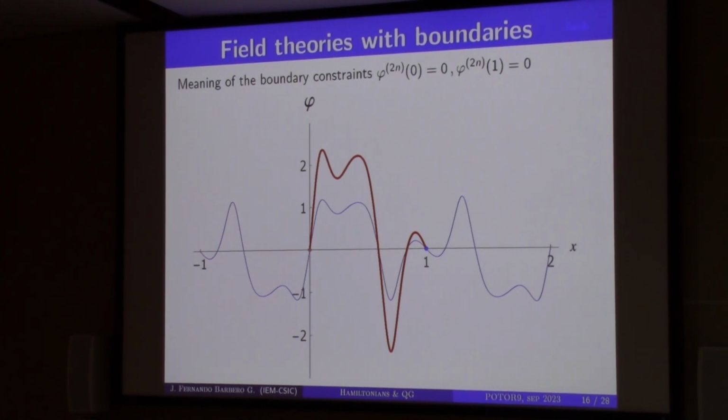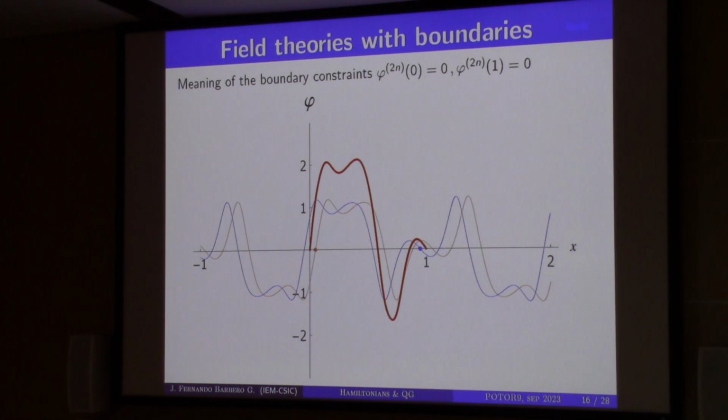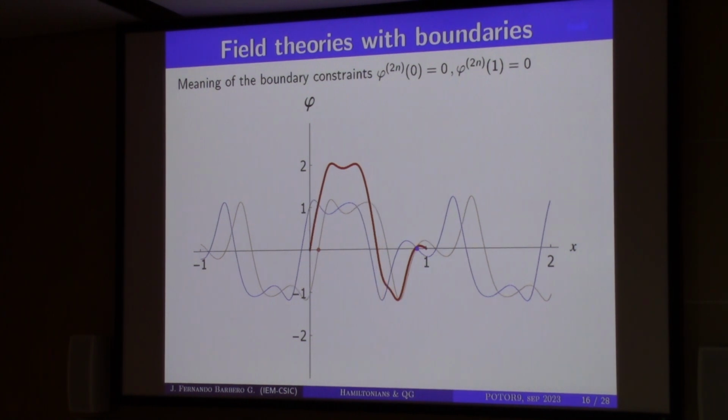You add those things, and that, first of all, guarantees that it is a solution to the wave equation, and second, because this extension is odd, you always guarantee that the boundary conditions are satisfied. So you start evolving, you have to displace to the right and to the left this extended function, and you will be getting something like this.